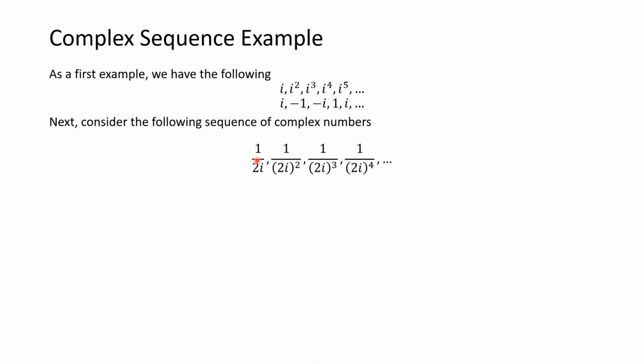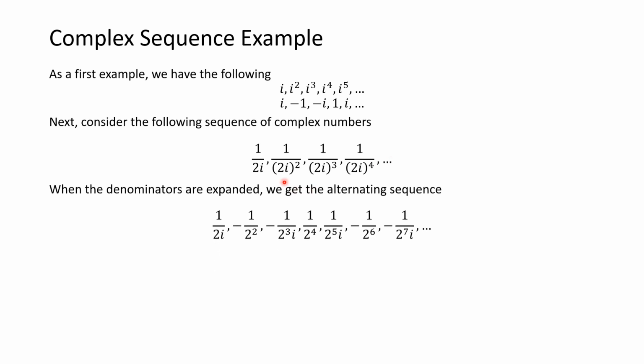Now for a second example, we'll take 1 over 2i and the powers of that. So it's squared, cubed, to the fourth. We can write that out. We get this sequence here. You get 1 over 2i, then minus 1 over 2 squared, minus 1 over 2 cubed over i, then 1 over 2 to the fourth.